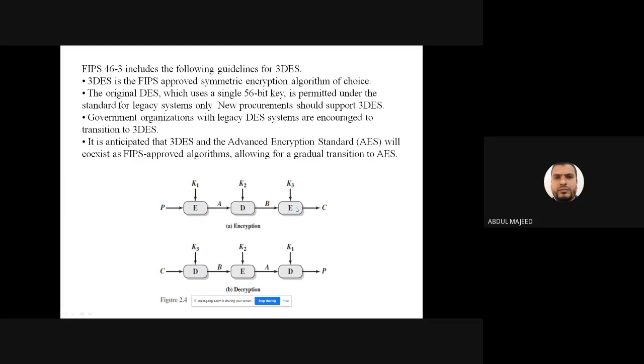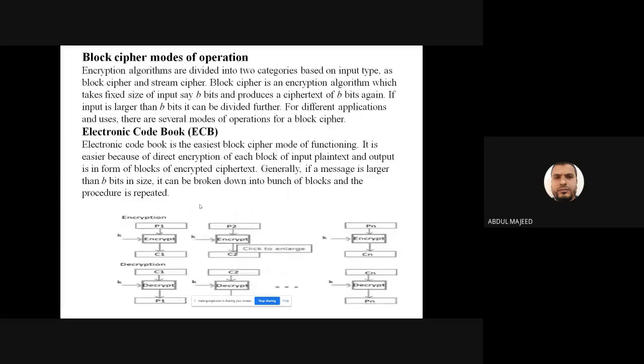They are not individual. You give plain text and you get the ciphertext. We need two or three different keys to provide at different stages.